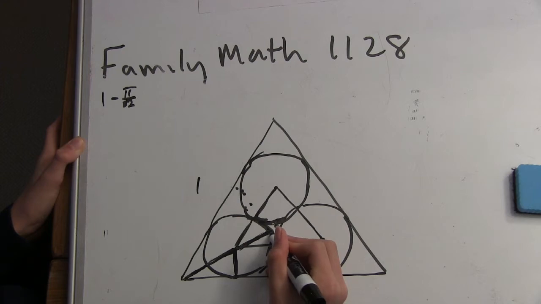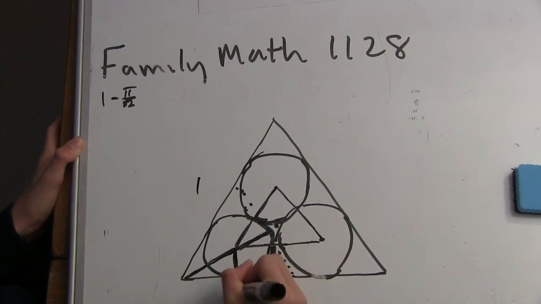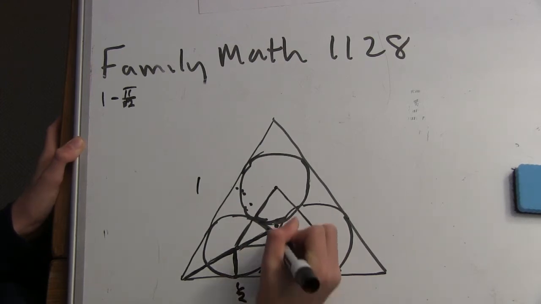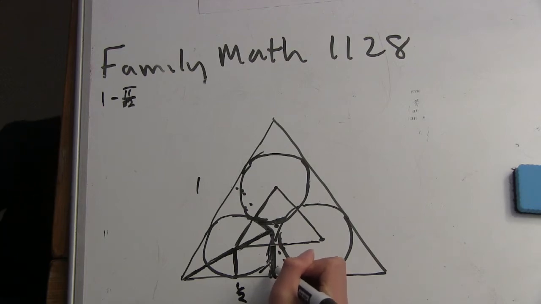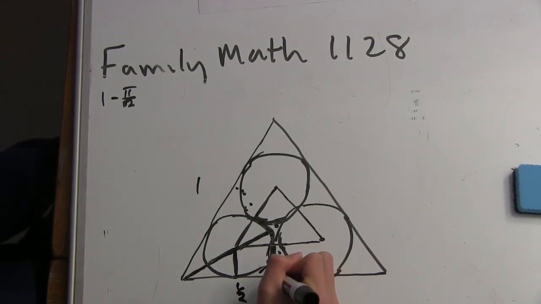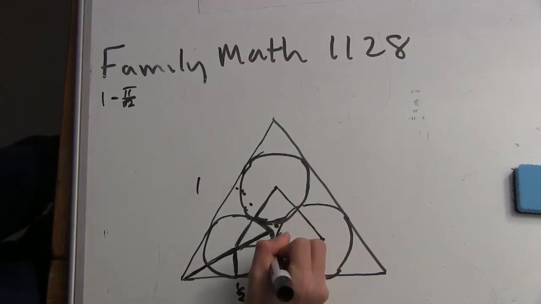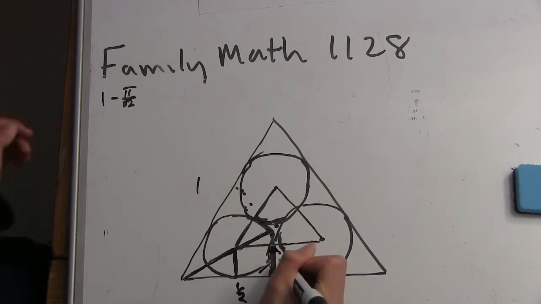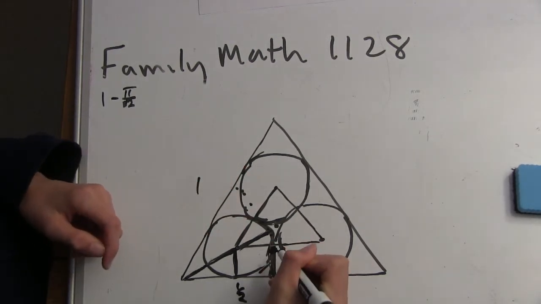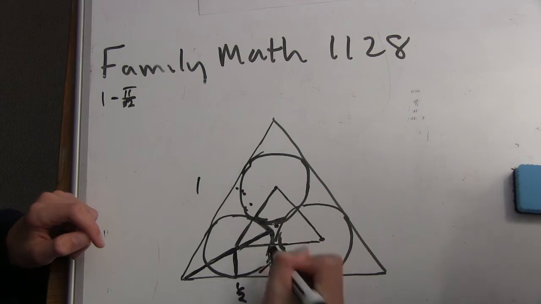Well, I guess we know this is a half again to here. And do we know this arbitrary length going up to here? This is the radius.